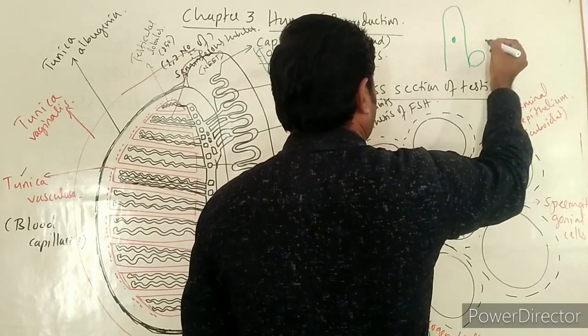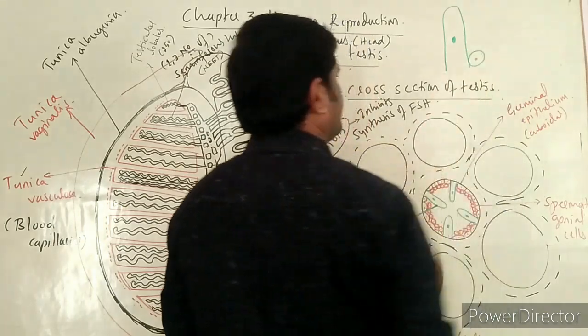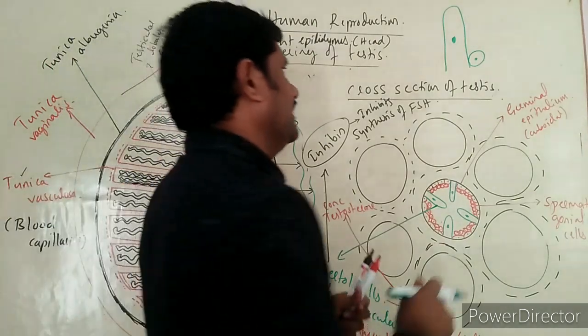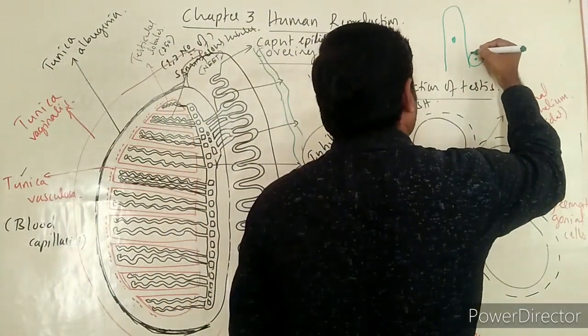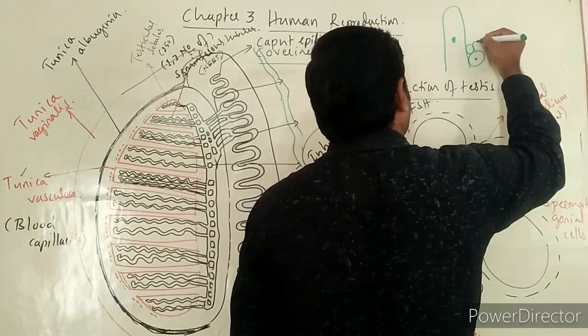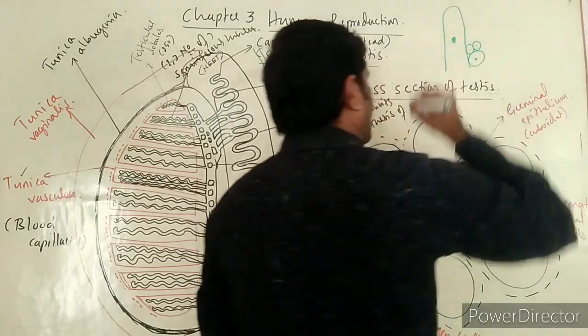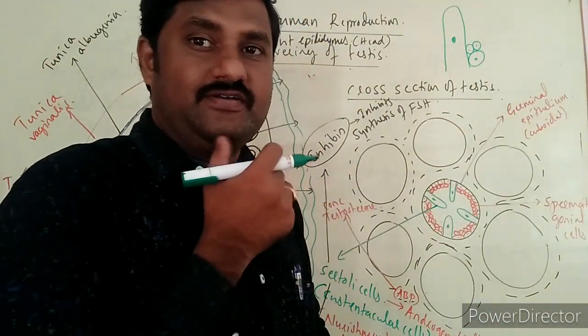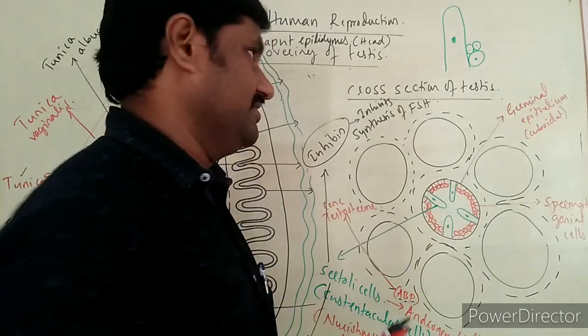Here you come across the spermatogonial cell, and this spermatogonial cell undergoes division so as to form many spermatogonial cells over here, right? So this is the first step of the sperm production itself, right?